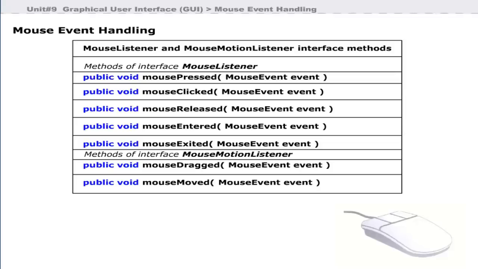The mouse event handling methods include mousePressed, mouseClicked, mouseReleased, and mouseExited. mousePressed is called when the mouse button is pressed on a graphic component. mouseClicked is called when the mouse is pressed and released without moving the mouse cursor.